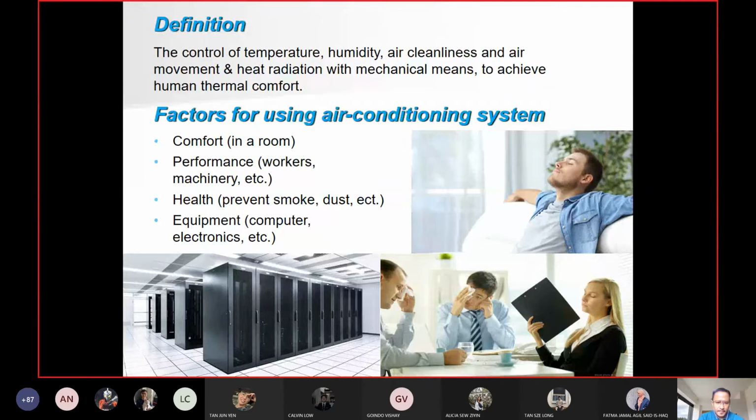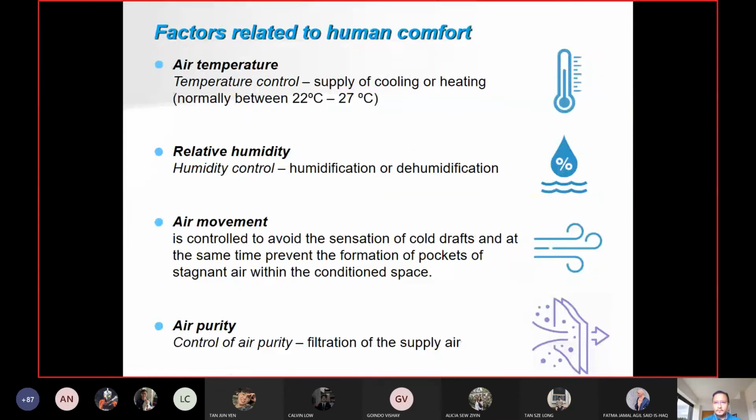If the temperature goes beyond the allowable limit, then the equipment will be broken. So, factors related to human thermal comfort. We are talking about human comfort. Of course, for machinery and electronic equipment there are also some factors related to that, but because we are human, right?